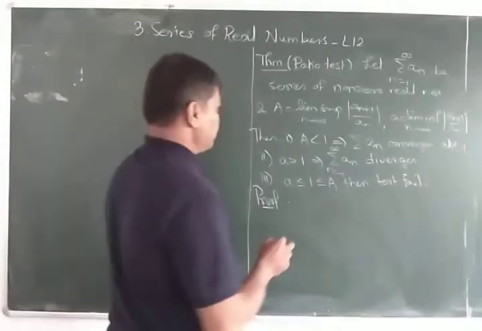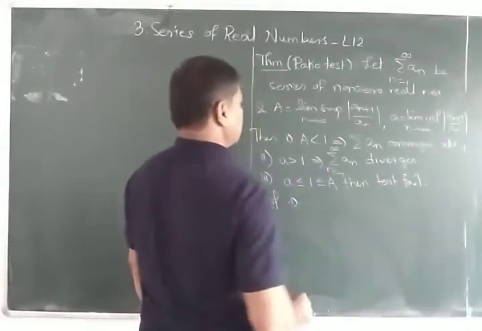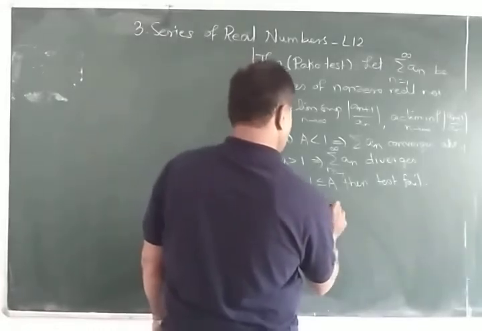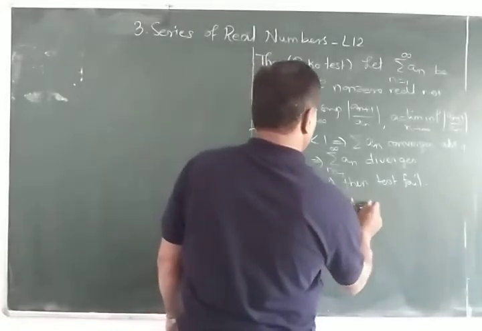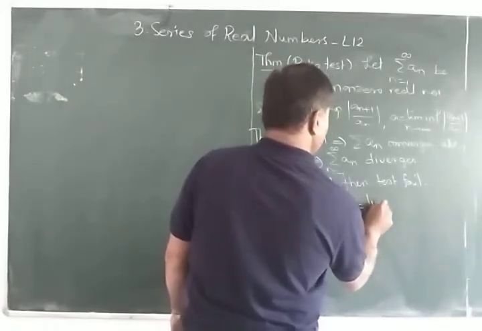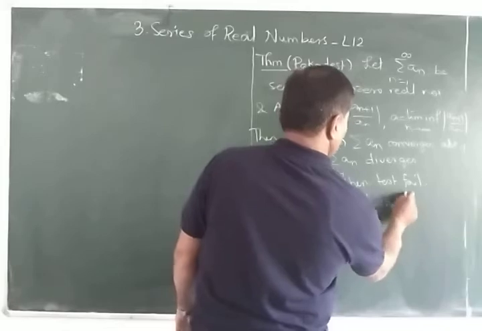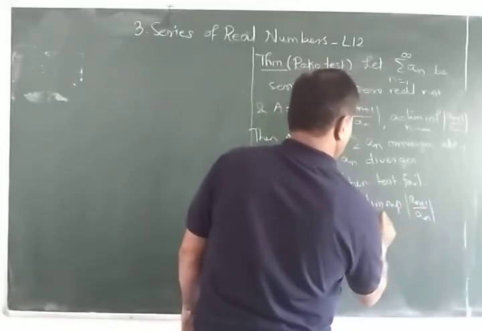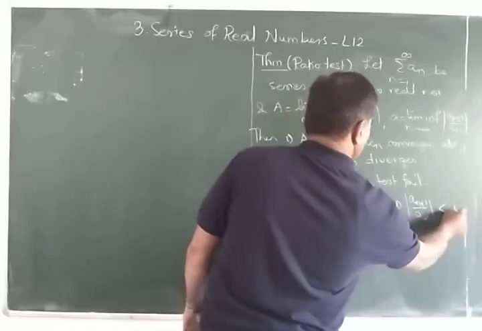First one. Suppose A, which is equal to lim sup of mod of a_(n+1) upon a_n as n tends to infinity, is less than 1.